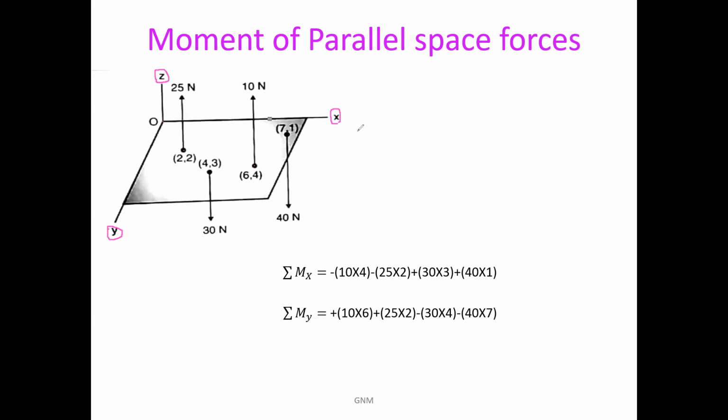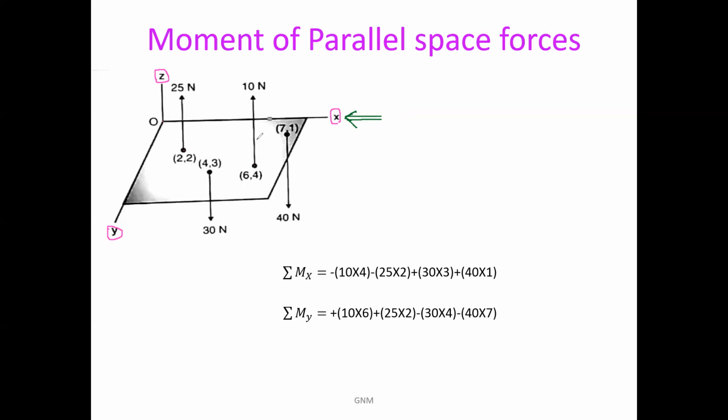Firstly, let us see how to write down moment of all forces about x-axis. For this, say this is my direction of observation. If I am looking towards all forces from this direction, then let us see how I can write moment of all forces about x-axis.